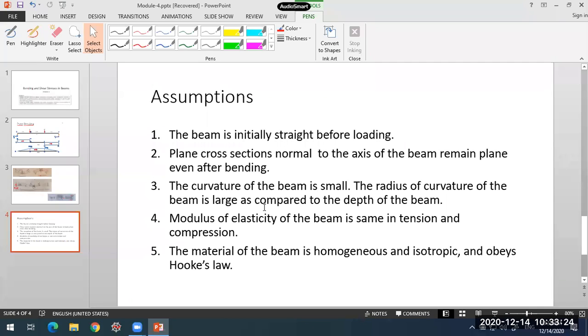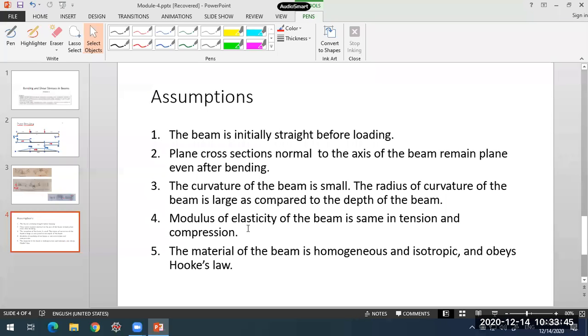There you will see how to calculate the modulus of elasticity. Even in the first module, you must have come across some problems in which test results are given to you and you are asked to calculate the modulus of elasticity. When you find out the modulus of elasticity, it will come out to be same in tension as well as in compression.